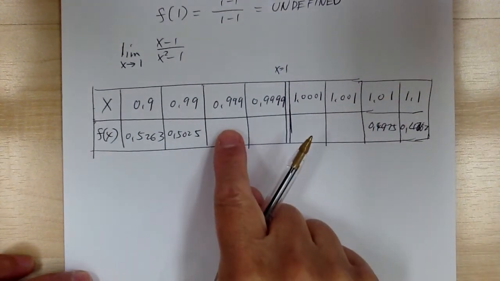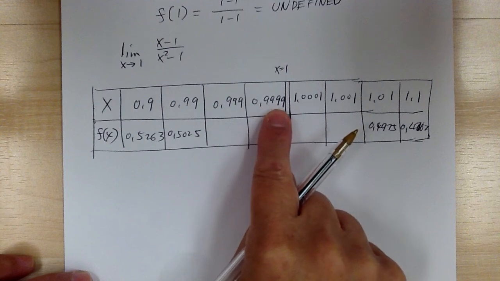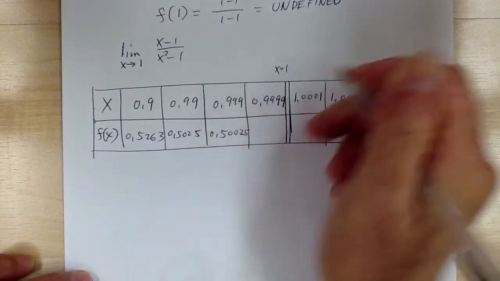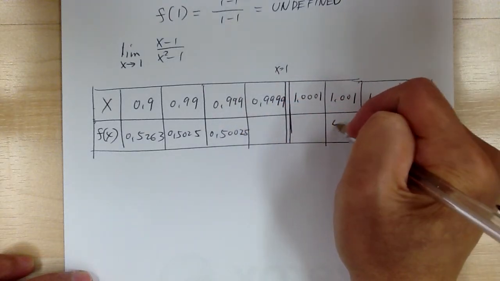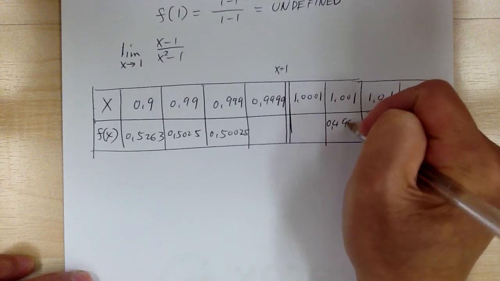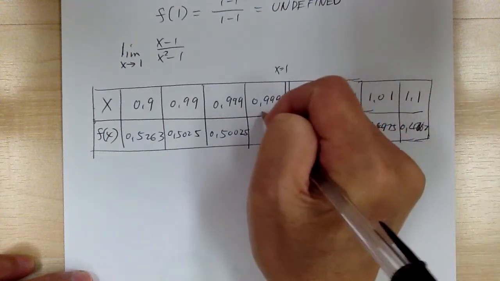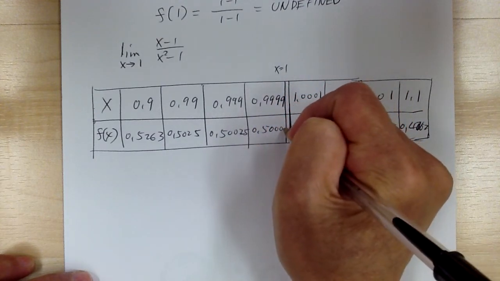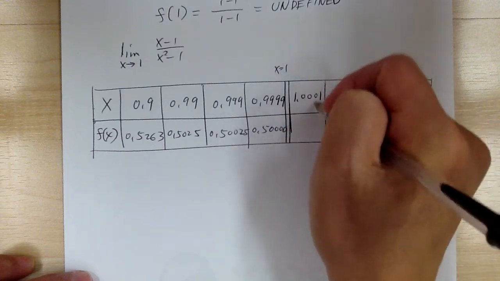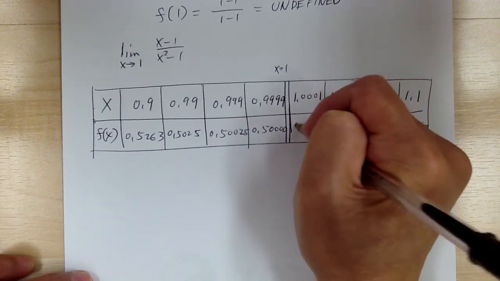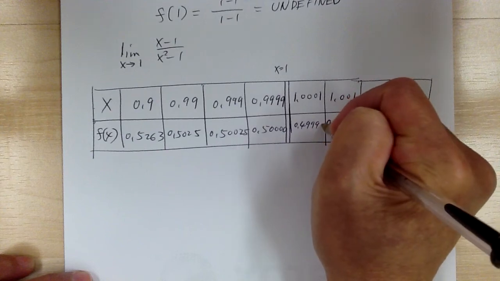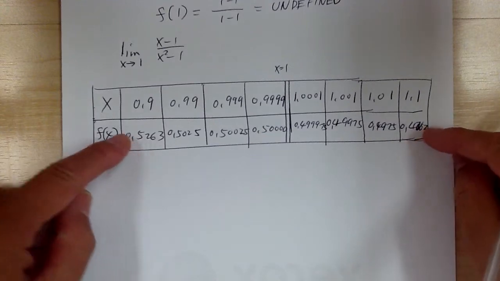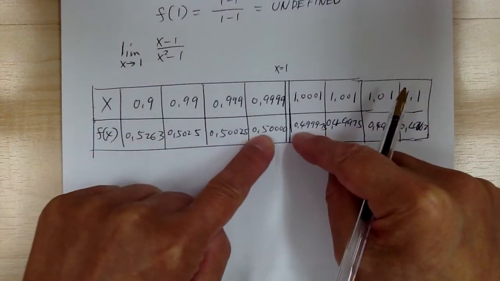When you go 0.999, you get 0.50025, and 1.001 gives you 0.49975. When you go 0.9999, you get 0.5000, and 1.0001 gives you 0.499975. So by looking at this, you can see from both sides, it gets closer and closer to 0.5.